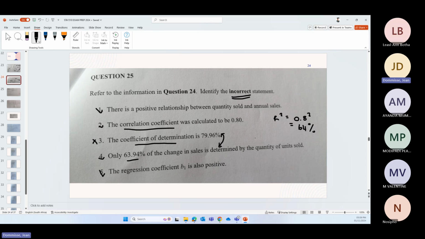But always remember the R, the correlation coefficient, and R square. That is what I always look for.